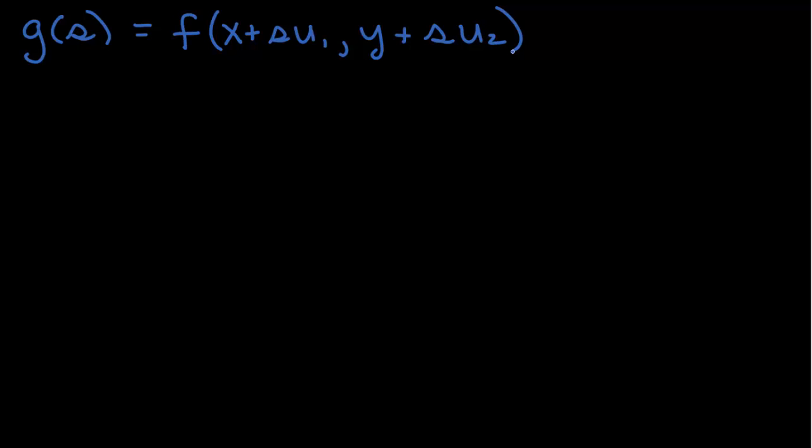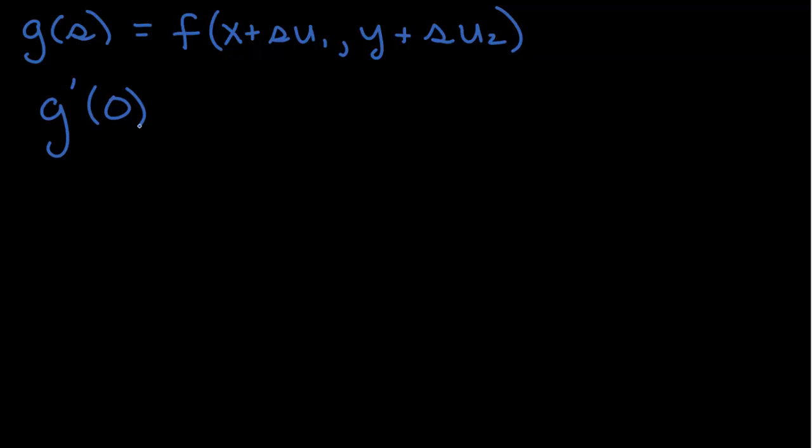Now, let's talk about the derivative. For example, let's just look at g prime of 0. We'll just start off talking about g prime of 0.